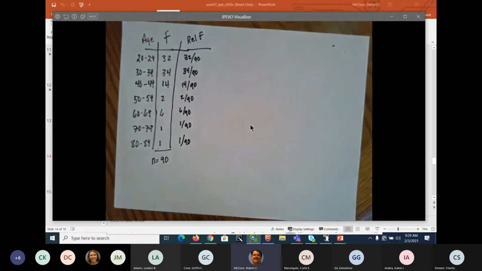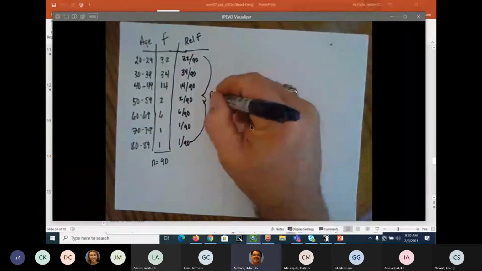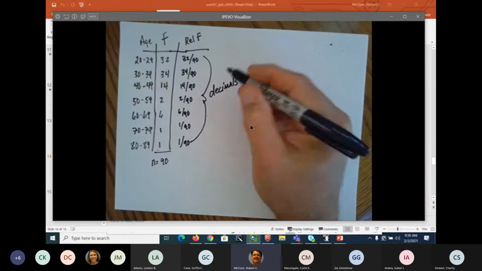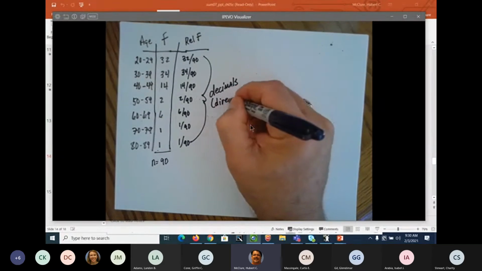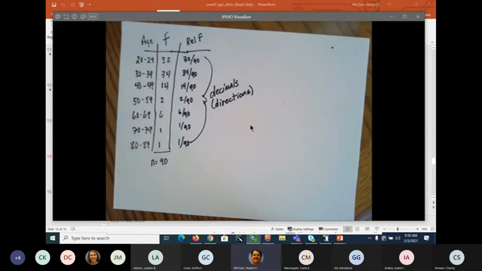Make sure you read the directions, because you want decimals 90% of the time, but you have to read the directions on rounding.